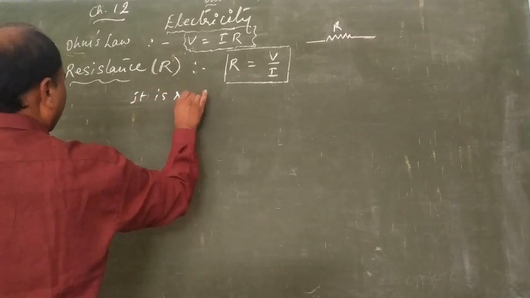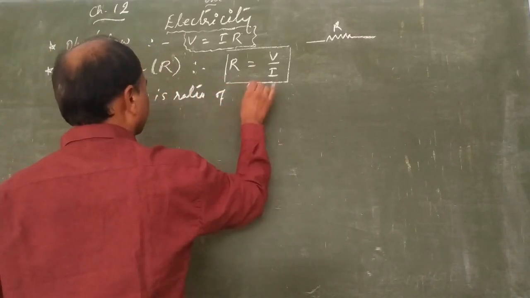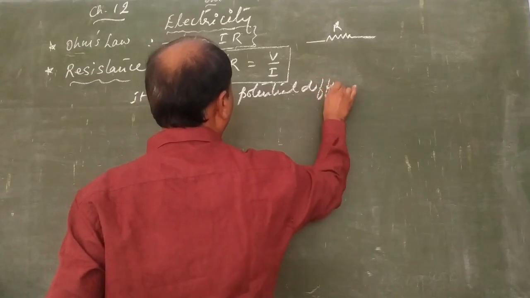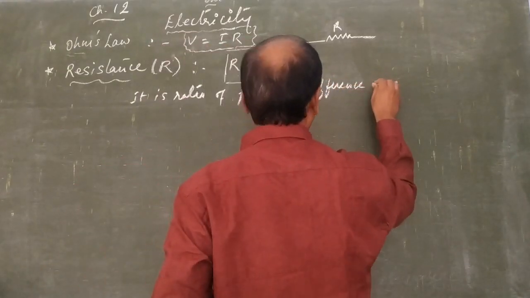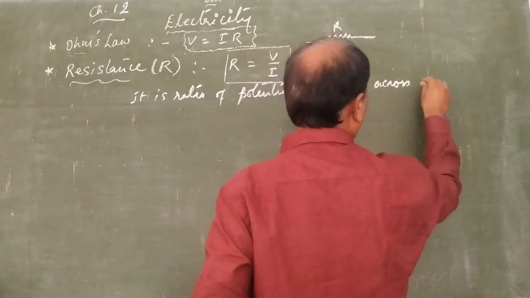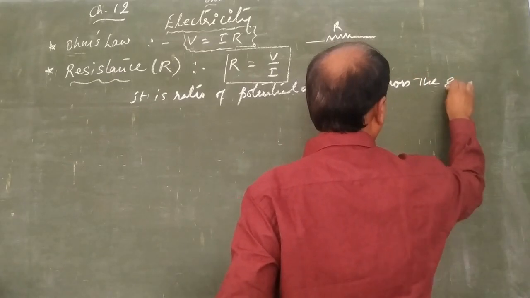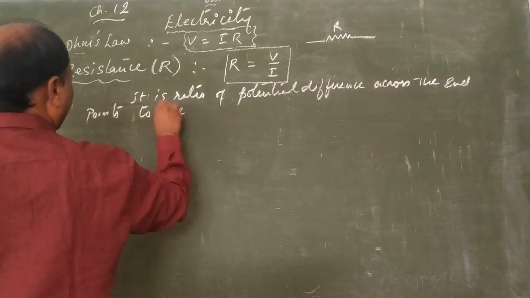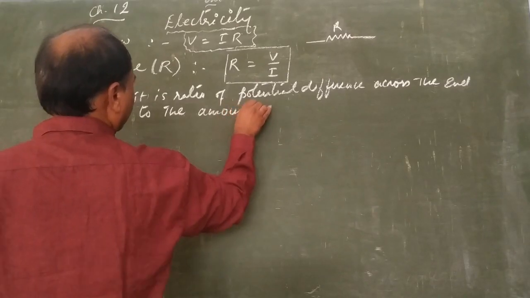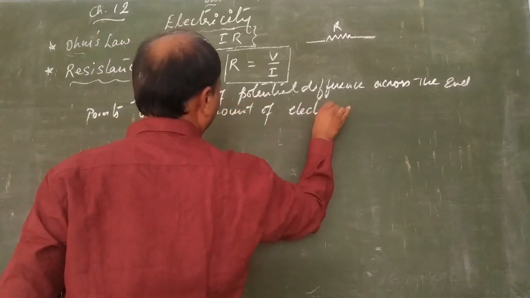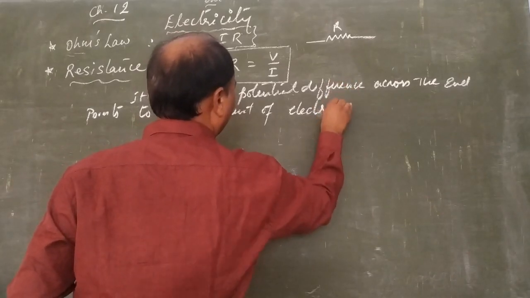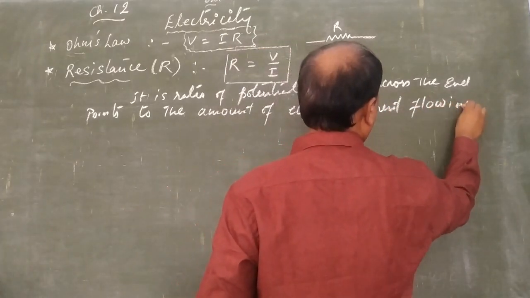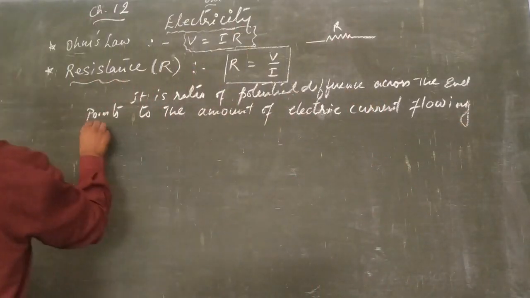It is the ratio of the potential difference across the endpoints to the amount of electric current flowing through it.